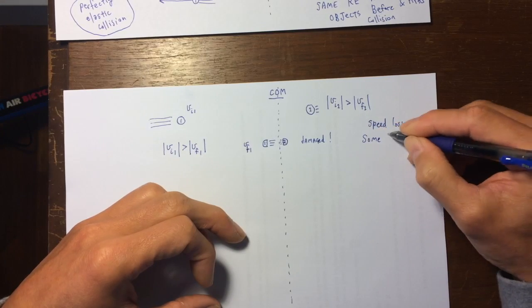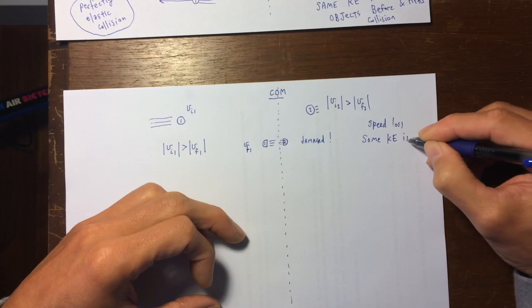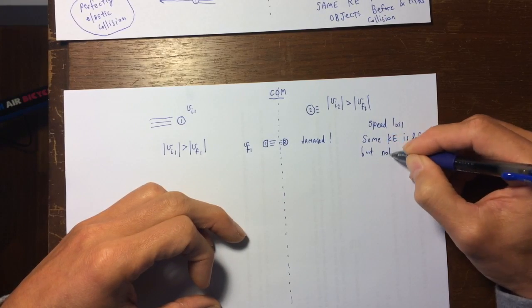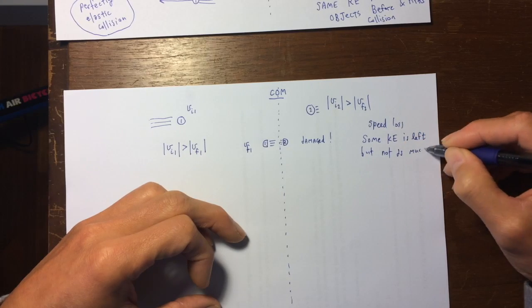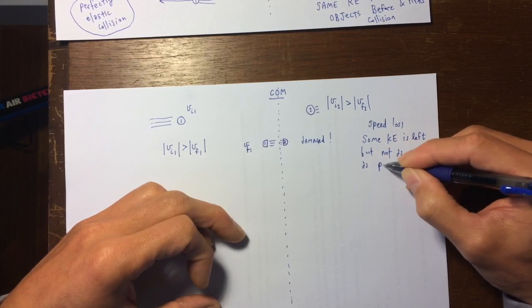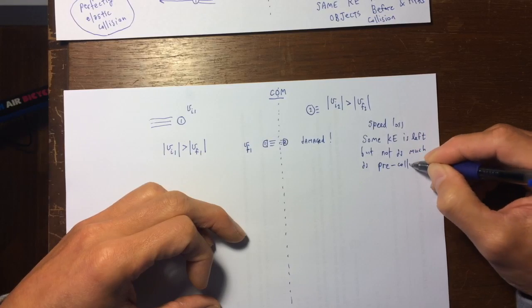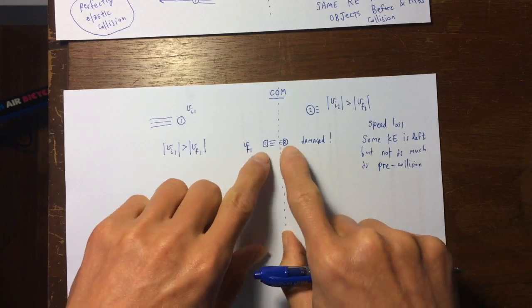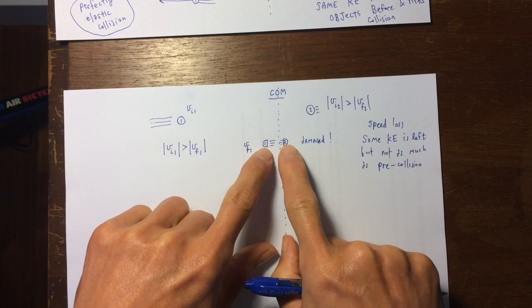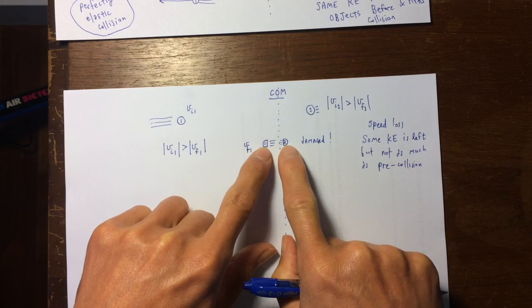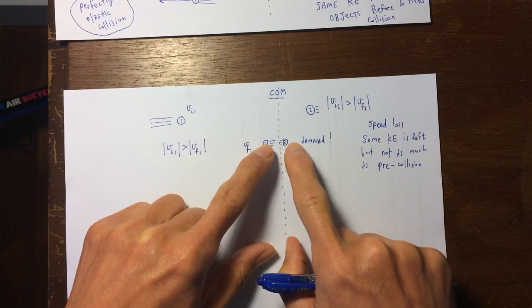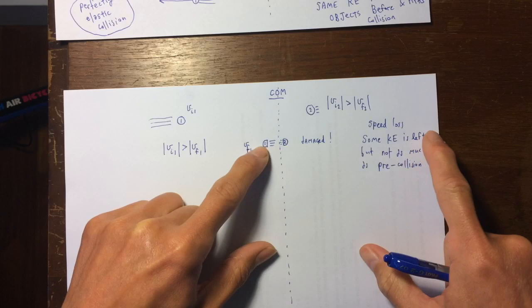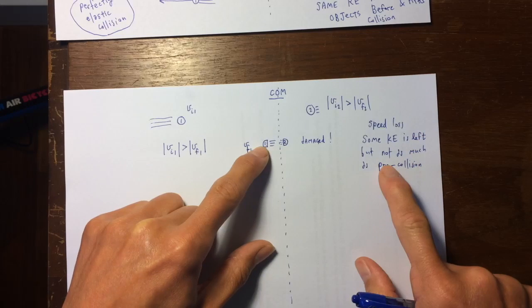some kinetic energy is left, but not as much as pre-collision. Can you see that if both of these two objects leave the collision with smaller speeds, then another way to view this is they leave the collision with not as much kinetic energy.